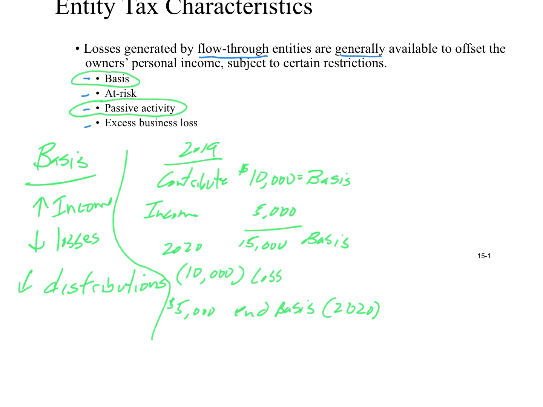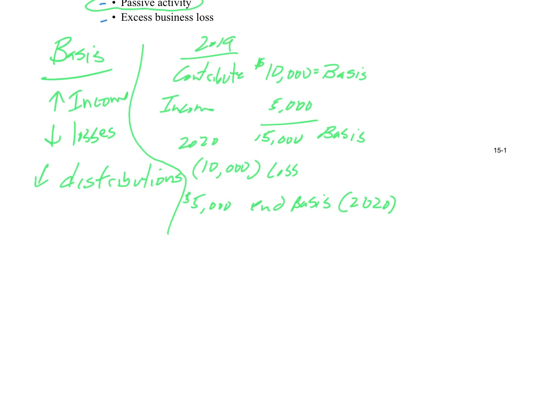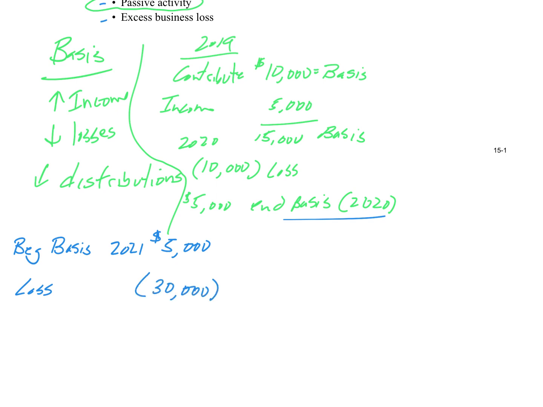Hopefully that'll help from a neatness perspective, and we'll scroll down. And so if your end basis 2020 is $5,000, then your beginning basis for 2021 is $5,000. Now, let's say 2021 is a bad year and you have a loss of $30,000.